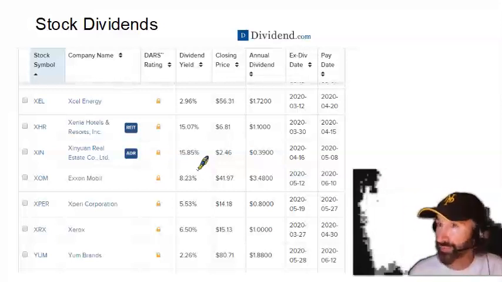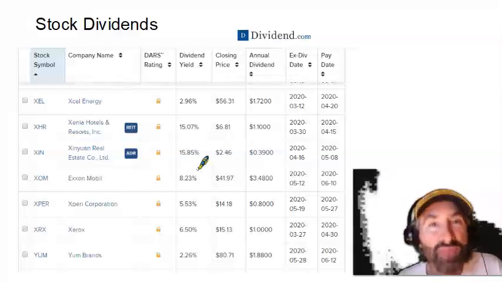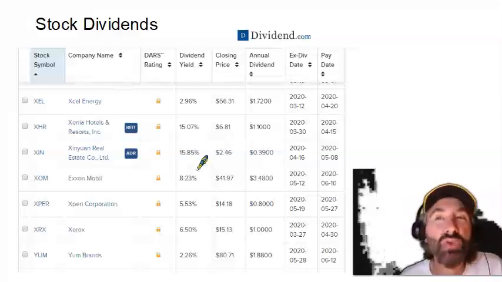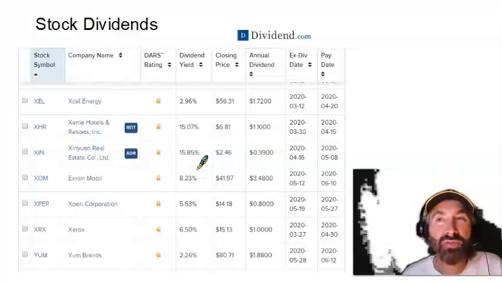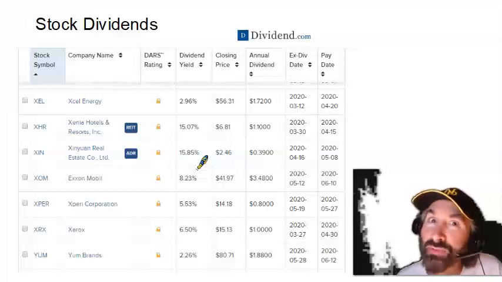That's better than 7%. Now, again, there are other factors involved aside from just the dividend. It would be so nice if you could just buy shares of ExxonMobil and have them grow at 8% a year every year, and that was the only thing. That's a pretty darn good return.